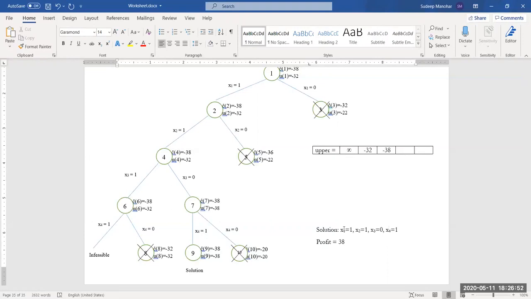The solution is what is called least cost branch and bound: in each level you have to choose the E node. How do we choose the E node? By comparing the values of C cap of x. Whichever has the minimum value, we consider that node as the E node and continue to the next level. For that purpose, we call this method the least cost branch and bound method. So that is about this problem.